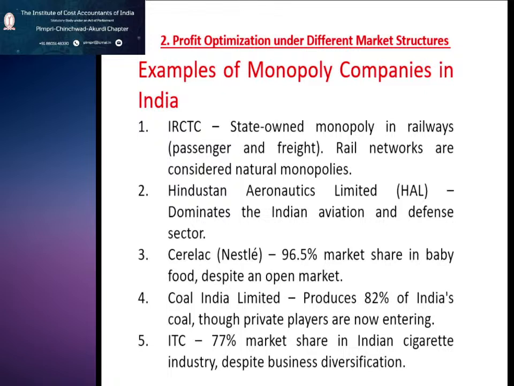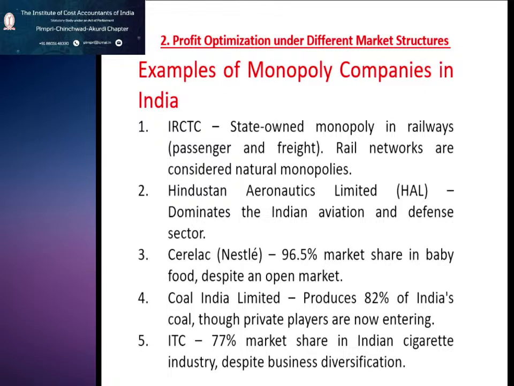Fourth example of a monopoly company is Coal India Limited, again a public sector company wherein it produces 82% of India's coal, though private players are now entering. So slowly the coal industry is opening up for private sectors also.